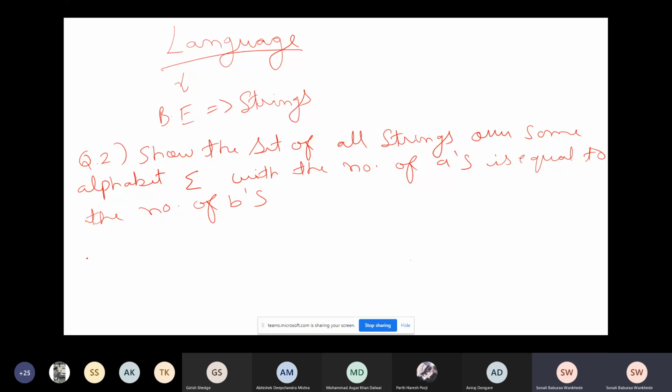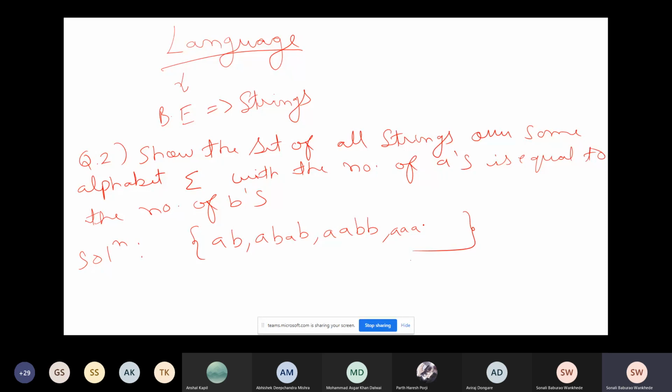Now, what's the solution here? The set would have something like AB, ABAB, AABB, AAABBB, ABB, something like that. Yes, that's really nice. Can you go one by one? We have AB, and then ABAB, then AABB, then AAABBB.